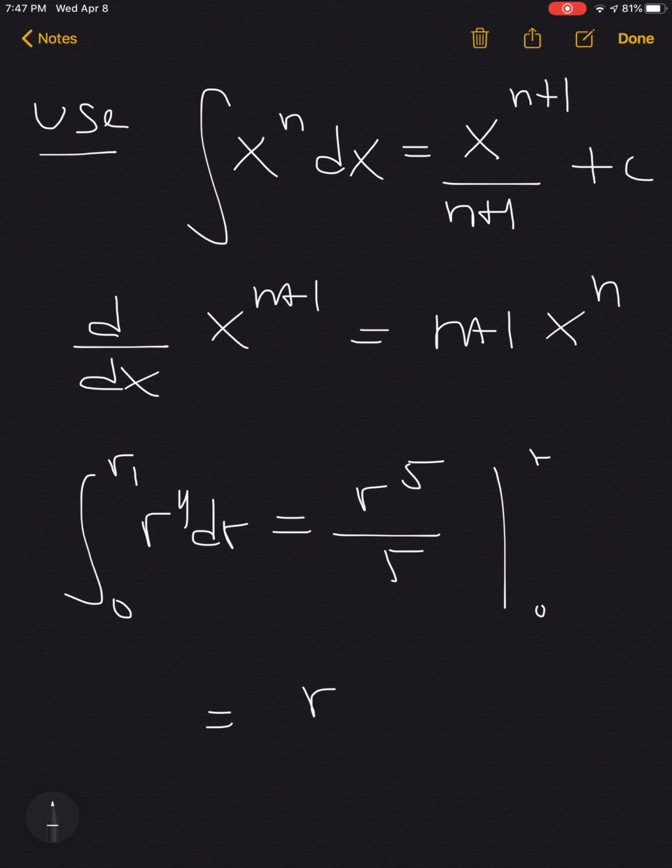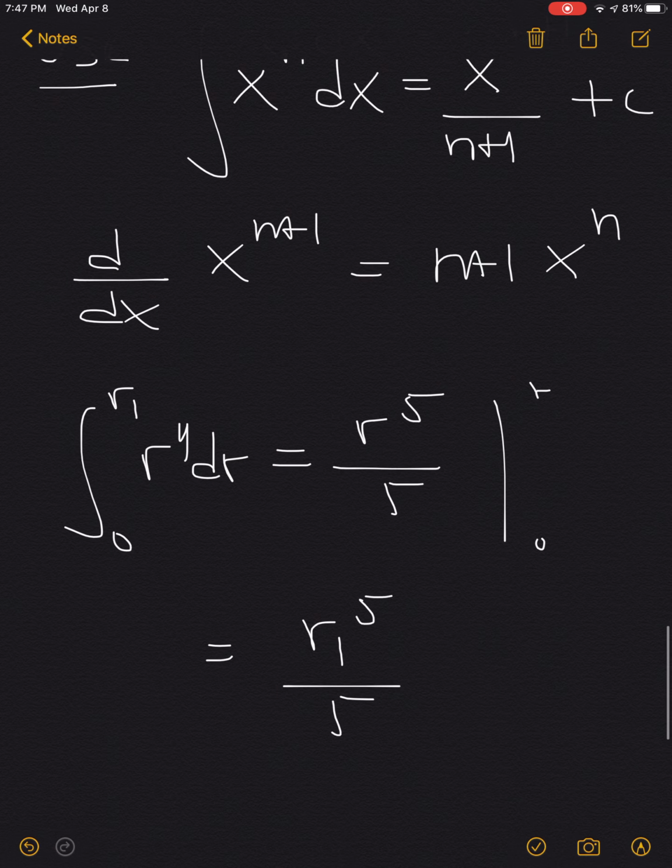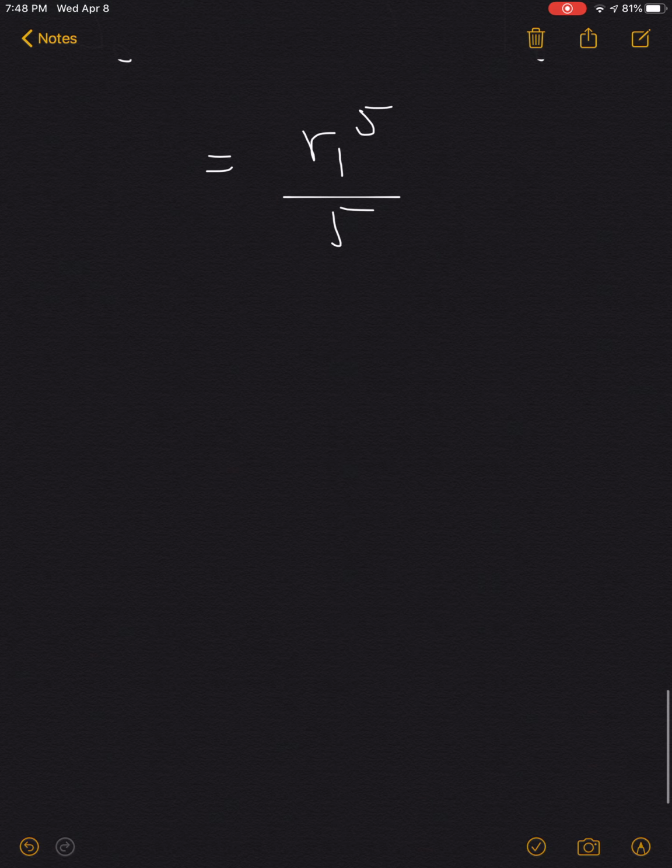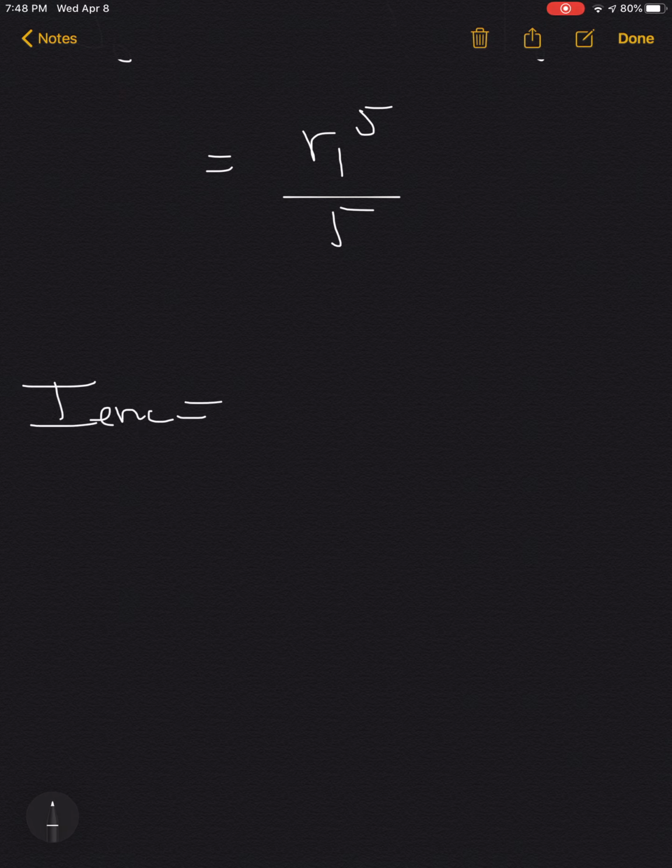This is just r1 to the fifth power over 5. And we're going to use that integral later again, so that we are left with I enclosed is equal to 6 pi b r1 to the fifth power all over 5.